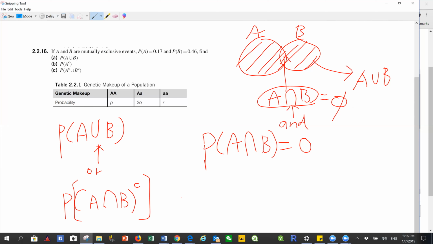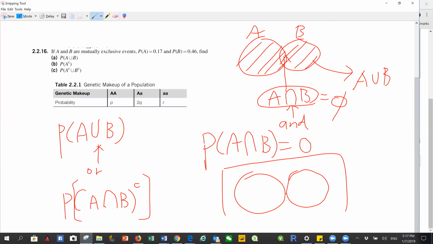Why? Because look, the complement set of A and B is, suppose this is A and B. A and B is the empty set, so A and B have nothing in here.